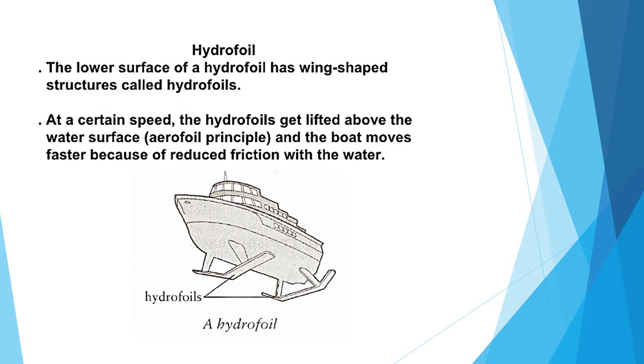They are using the aerofoil principle, and the boat moves faster because of the reduced friction with water. Meaning at a certain speed, the boat will be lifted up, and only the hydrofoil structure will attach to the water, so it will reduce the friction and make the boat move faster.